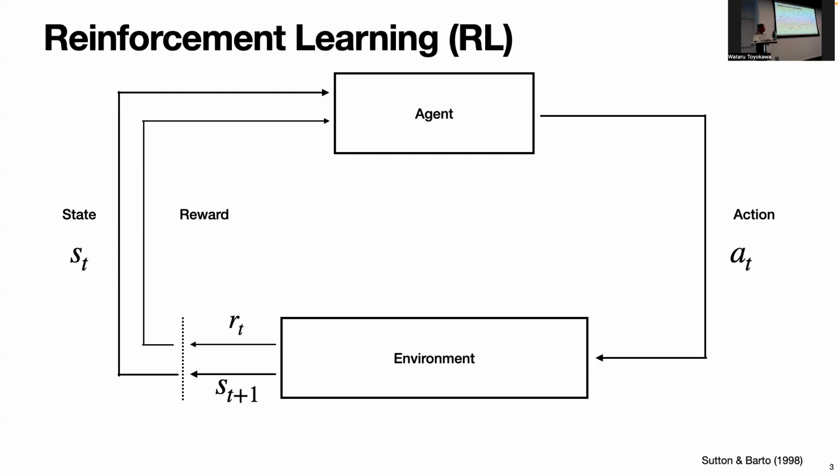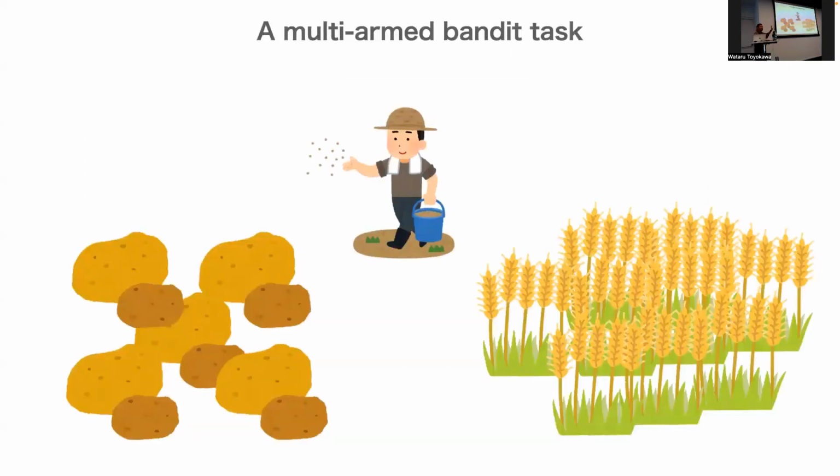But that was maybe too abstract, so let me dive into a step-by-step tutorial about what's going on in reinforcement learning in a multi-armed bandit setup. Let me show this guy again. This is a newbie farmer, and he'd love to start farming, but he doesn't know which crop to plant.